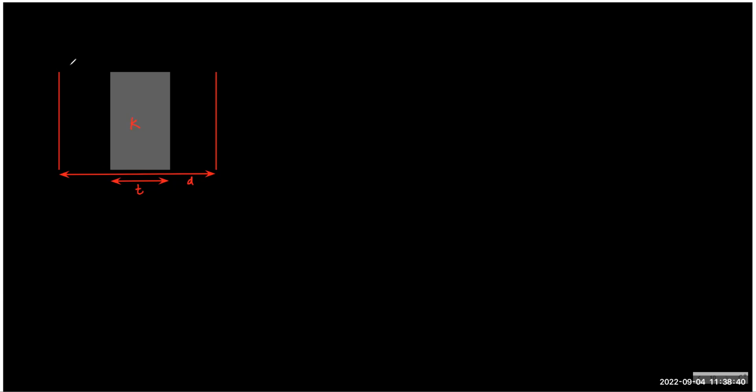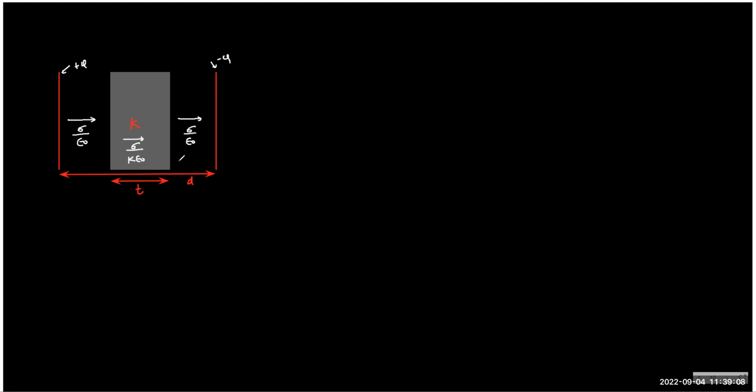Again, you can choose plus Q, minus Q. So the field here is how much? Sigma by epsilon naught. Here it is the same, but here it is sigma by K epsilon naught. Do you realize this?